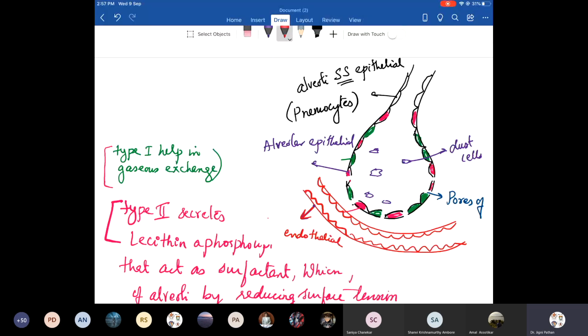This space. Can you see the space in between these two? This space is the third barrier, so it is the interstitial space. First barrier, second barrier, and third barrier.